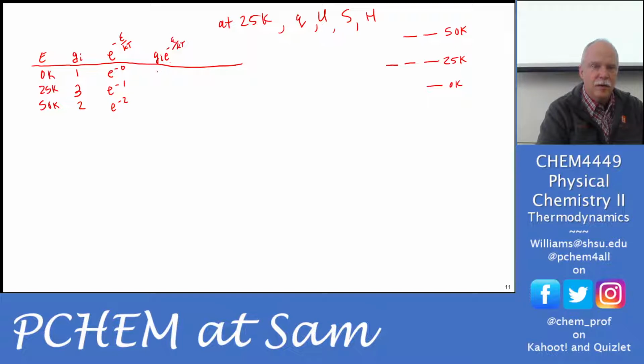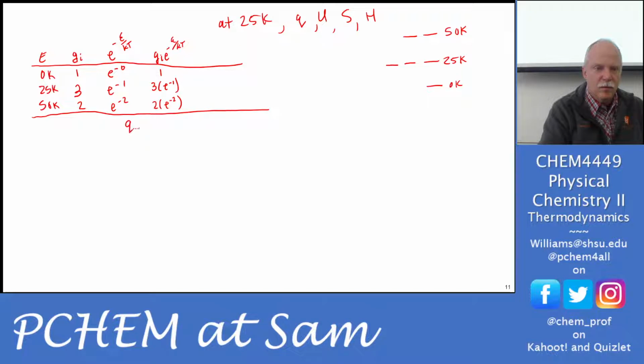So this one is going to be 1, 3 times e to the minus 1, and 2 times e to the minus 2. And Q is the sum of that column.